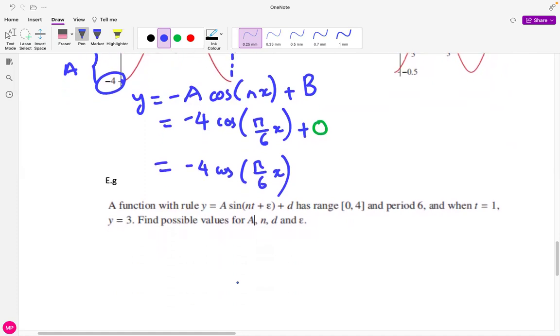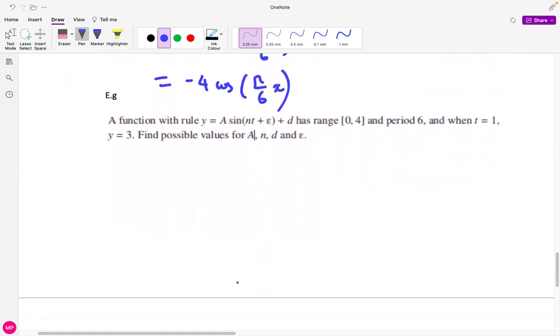All right, I'm going to do the last example, which is a lot more comprehensive because you have everything here, A and epsilon and D, so all types of transformation. And they give you the minimum, maximum, period, and a point. So we use the same strategy, okay?